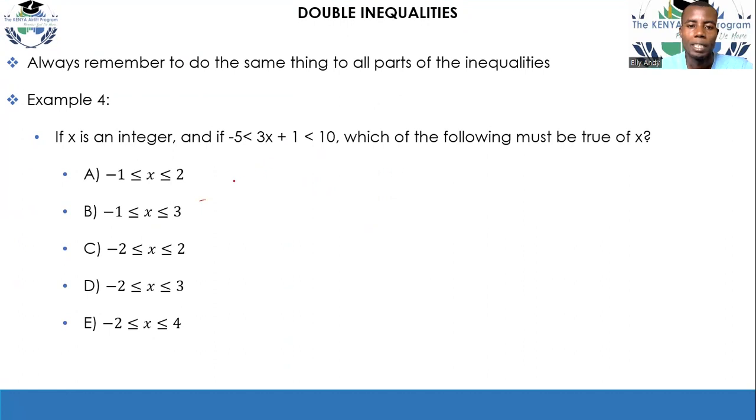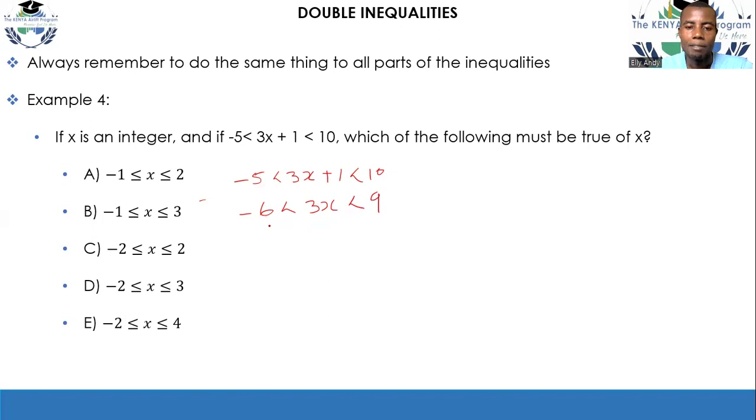So we'll have negative 5 less than 3x plus 1 less than 10. Simplify by the first step by subtracting 1 from all sides. So we have negative 6 less than 3x less than 10 minus 1, that is 9.